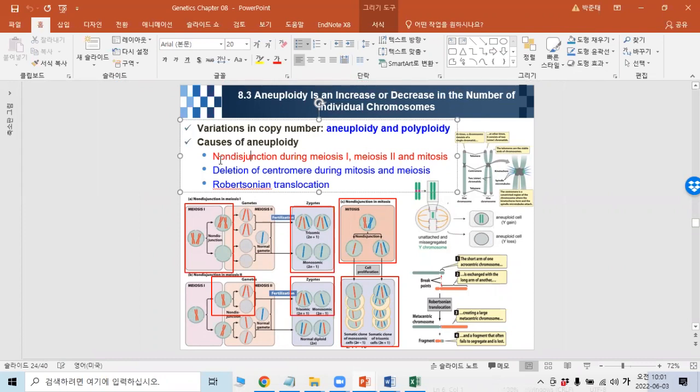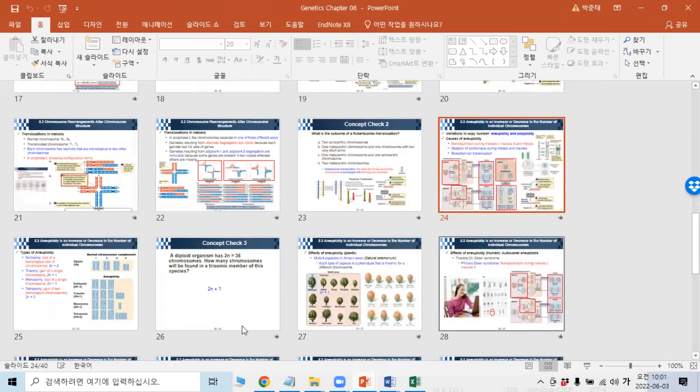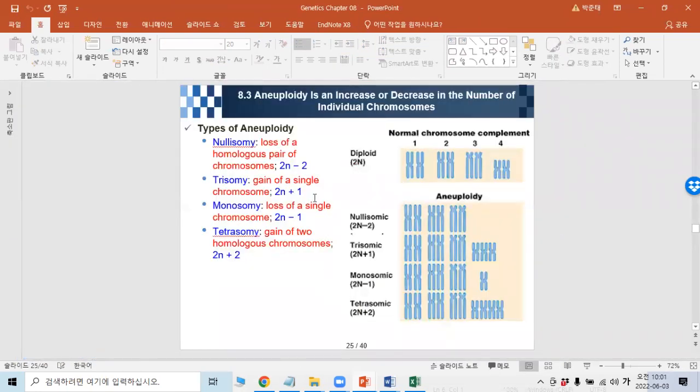This is what mostly happens. In some cases the centromere is deleted. Another case is Robertsonian translocation. You have to know the types of aneuploidy because this is a genetics class. This is important to us.